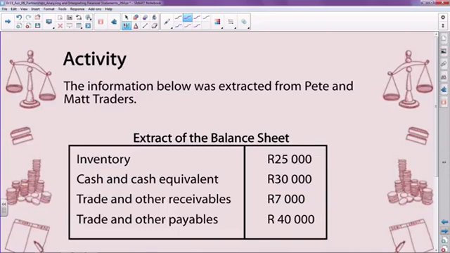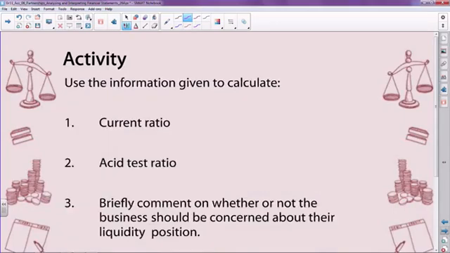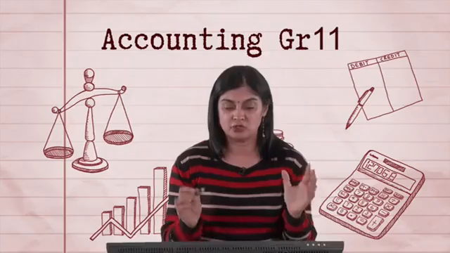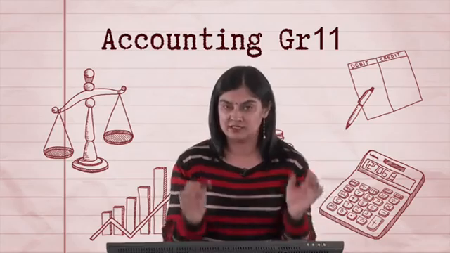So I want you guys to calculate the following for me. Using the information, I want you to calculate the current ratio, then calculate for me the asset test ratio, and then the last part to the question is briefly comment on whether or not the business should be concerned about their liquidity position. I'm going to give you guys 3 minutes and your time starts now.